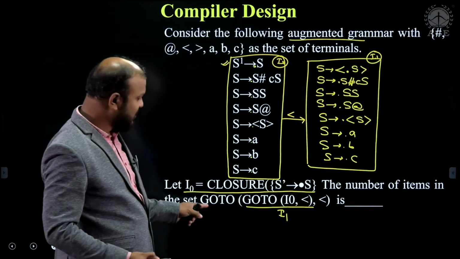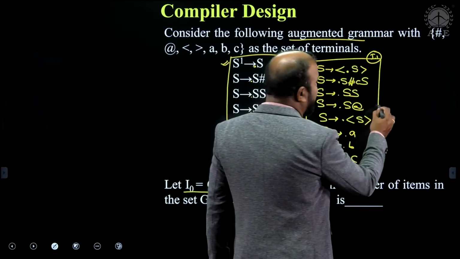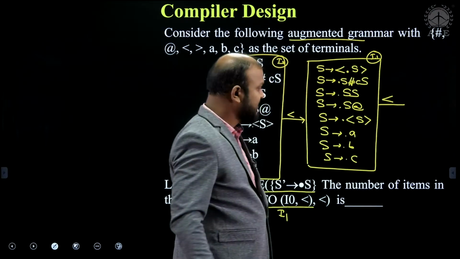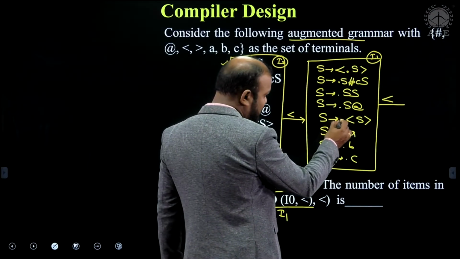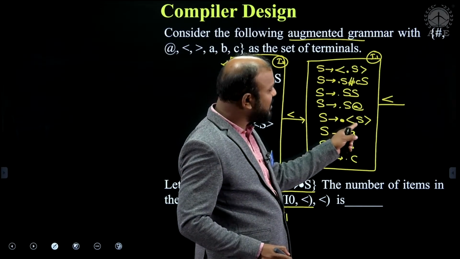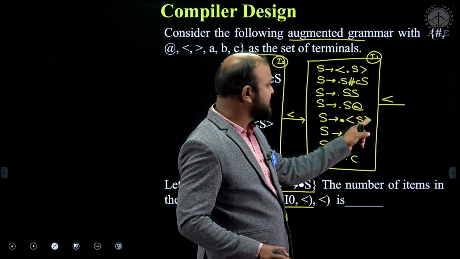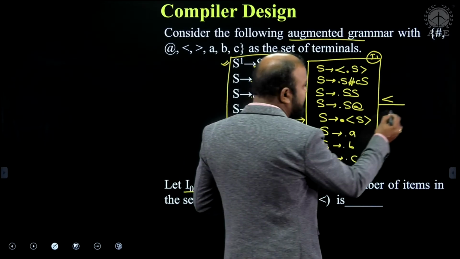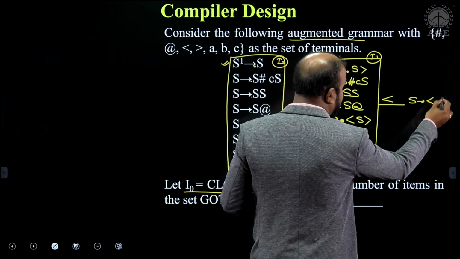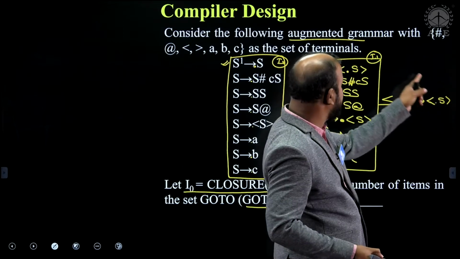Now, we need to find goto of I1 comma lesser again. So, it means we need to find a transition from I1 with respect to input lesser. With input lesser, this is the only one item possible, that is S tends to lesser dot S closure, because dot S means again you need to write all S productions.